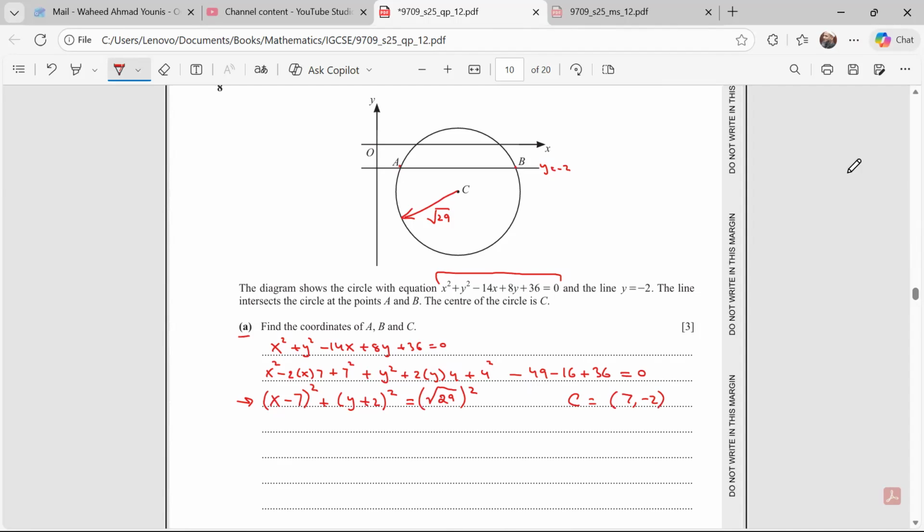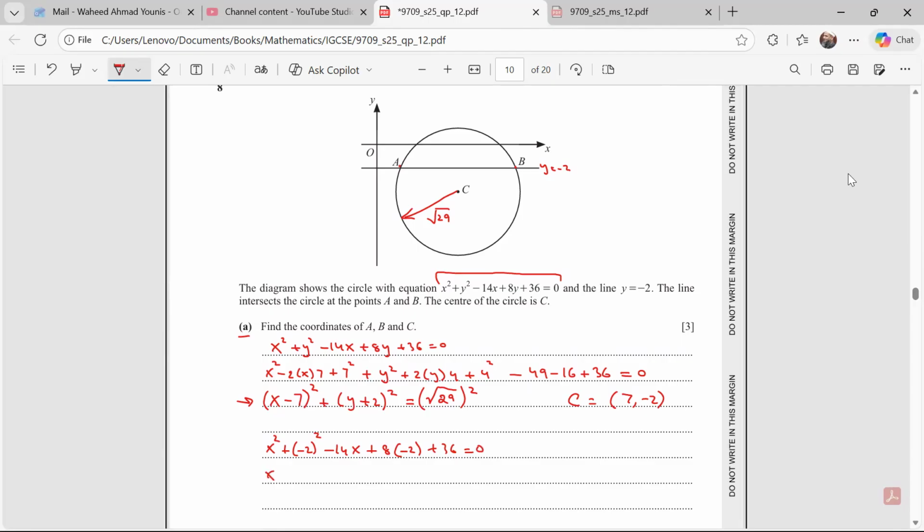Okay, now I need to find the coordinates of A and B. So in this equation, I will substitute y equal to minus 2. So x squared plus (minus 2) squared minus 14x plus 8 times (minus 2) plus 36 equals 0.